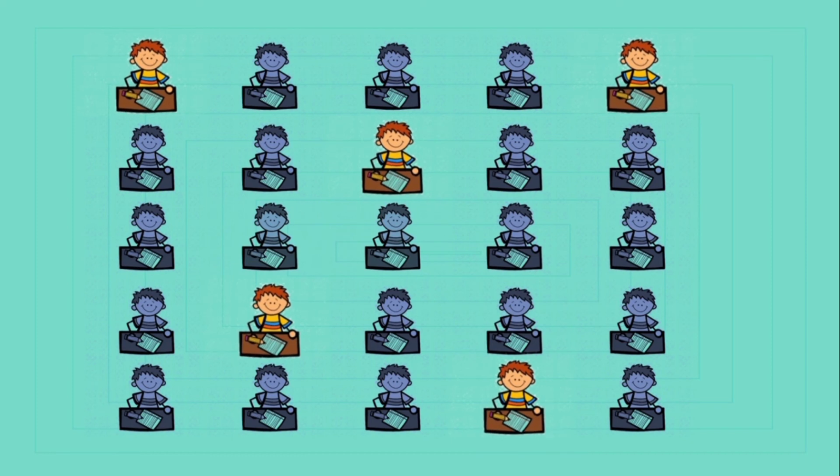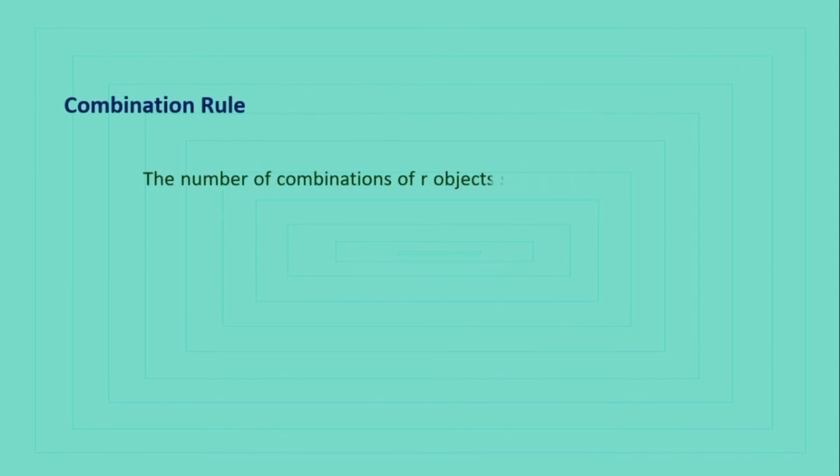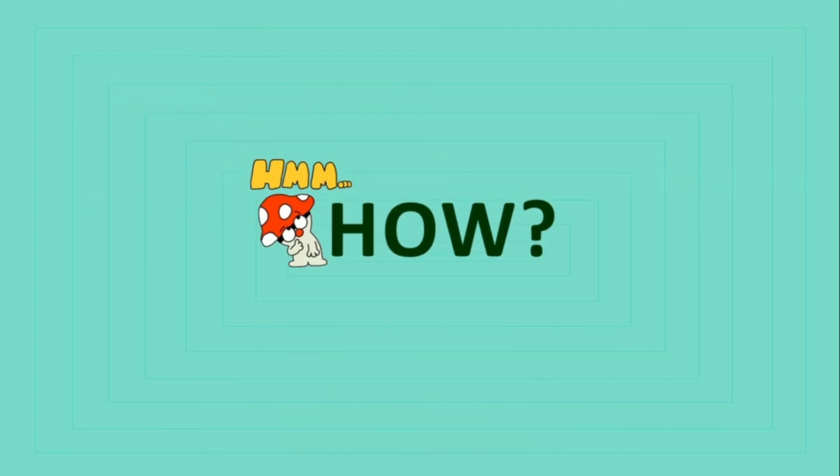The 5 selected students represent a combination since it does not matter who is selected first, second, etc. Combination rule: the number of combinations of r objects selected from n objects is denoted by nCr and is given by the formula nCr is equal to n factorial divided by the quantity of n minus r factorial, r factorial.